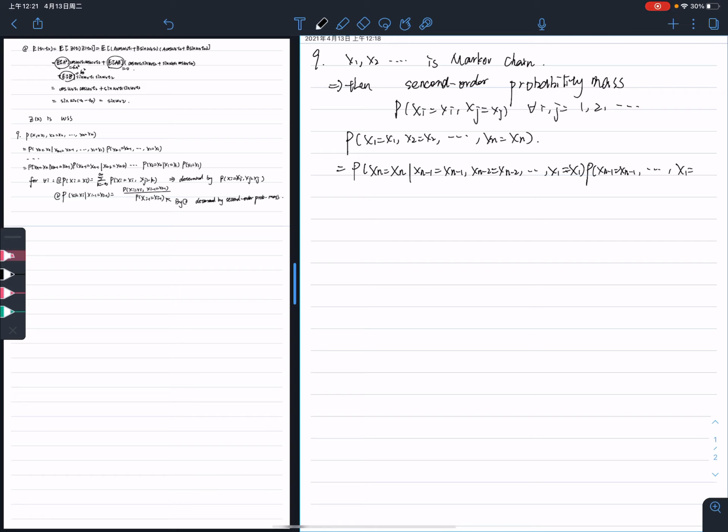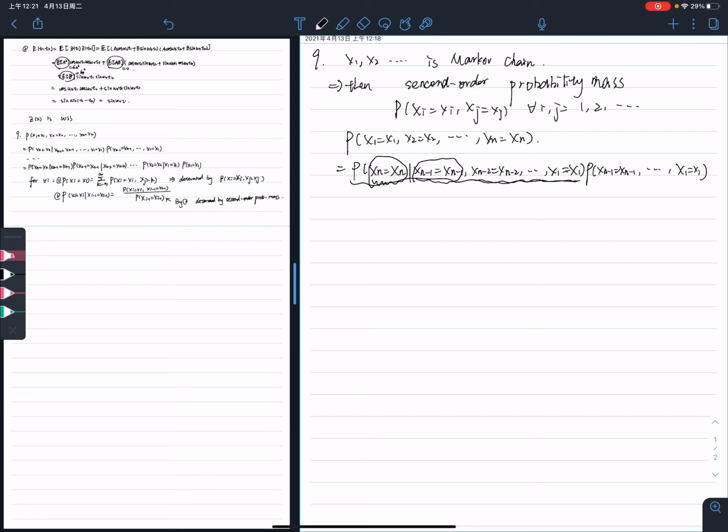Then by the property of Markov chain, the probability of Xn is only correlated with Xn-1, and it has no relation with the variables before.